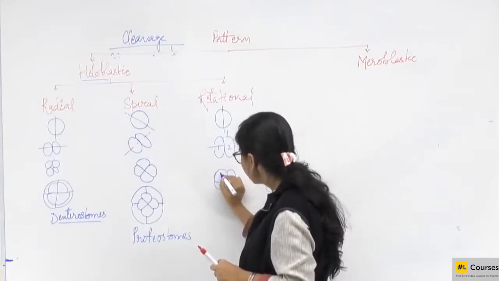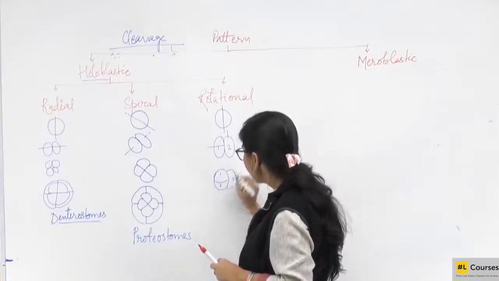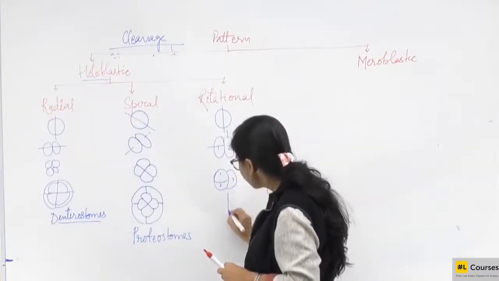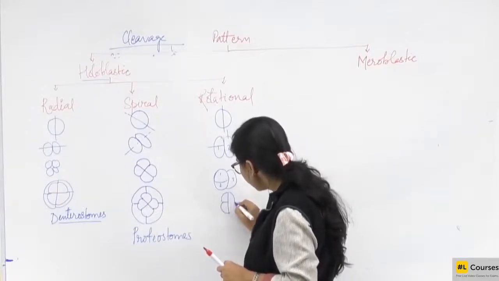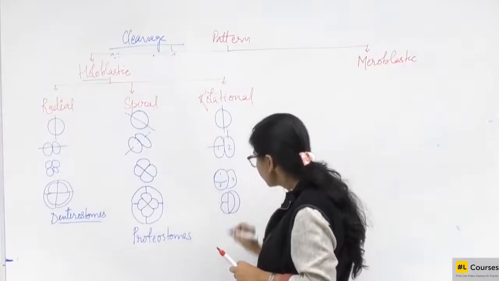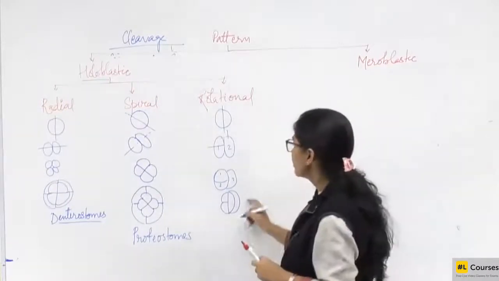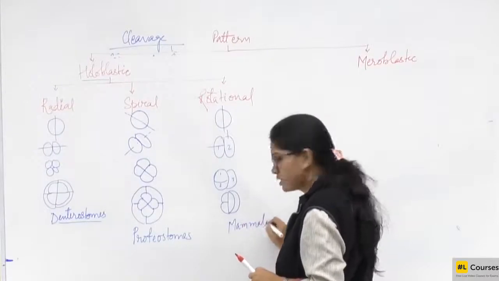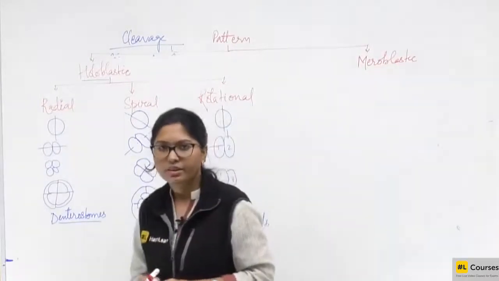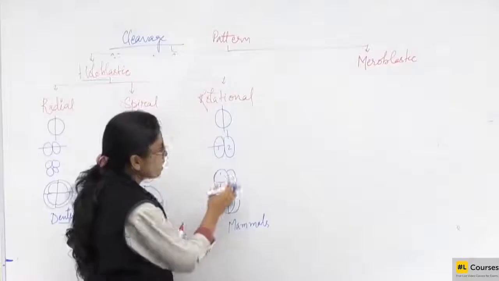Now you have these 3 cells, and next this will divide. So this condition will be like this. You have 2 cells here and 2 cells will lie like this. So this kind of division is rotational, and this is found in mammals.